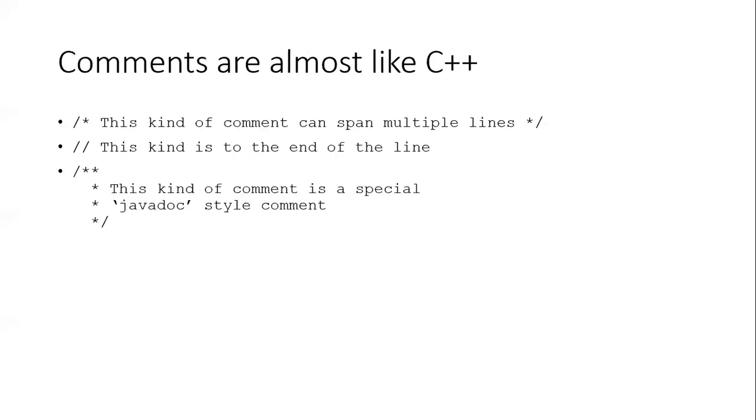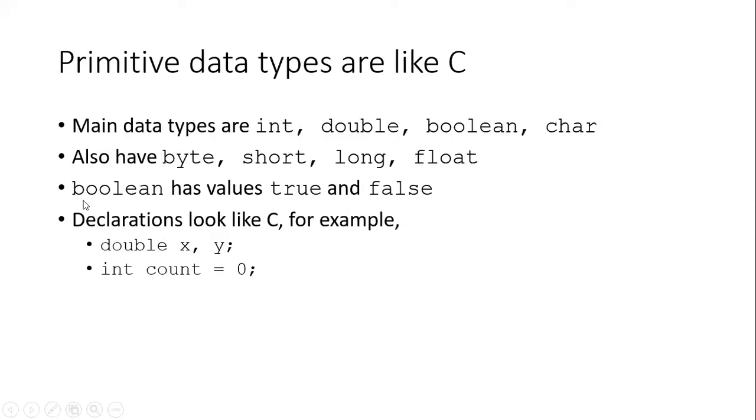So next I am going to discuss some similarities between Java and other languages like C and C++. In Java, the comments are almost like C++. You can see that the slash comments are almost similar to C++.